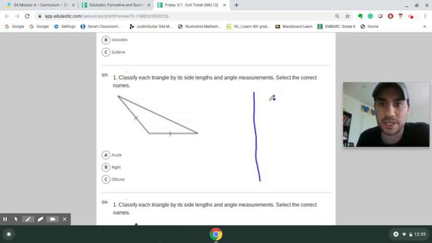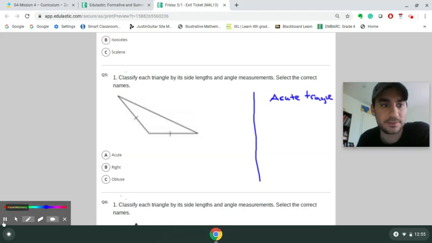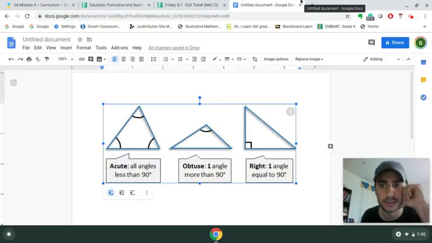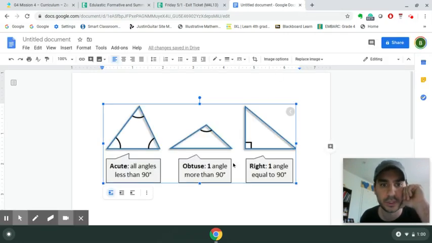When we're talking about an acute triangle, I answered this a little bit earlier in the video, but what I did really quickly was create this diagram that I think will be helpful.